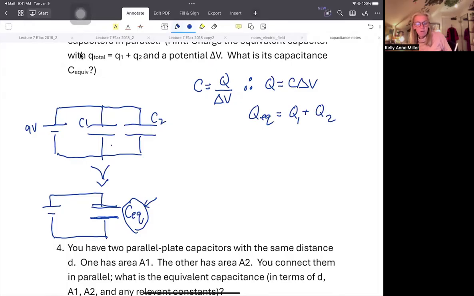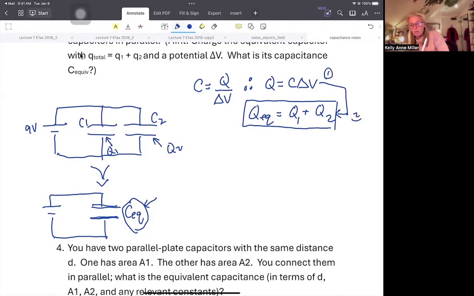So it would be however much charge is on this plate plus however much charge is on that plate. Okay, so to get the equivalent charge, you would just sum up the charge on each of the two plates. Now what I'm going to do is substitute this equation into this one, basically substitute 1 into 2.